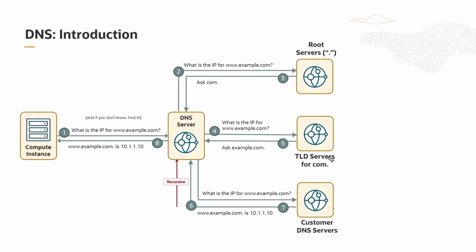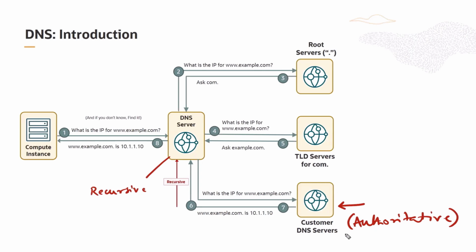So now the DNS server is going to reach out to customer DNS servers, which is actually authoritative. So there are two types of DNS servers, authoritative and recursive. This one is recursive or non-authoritative.